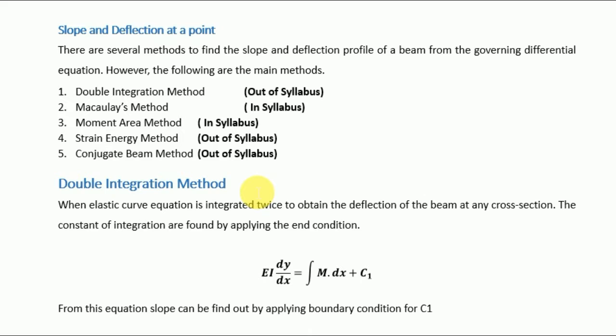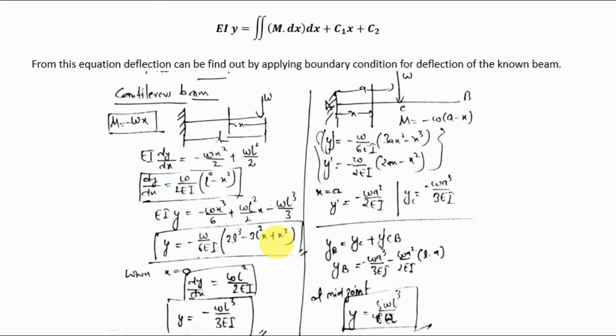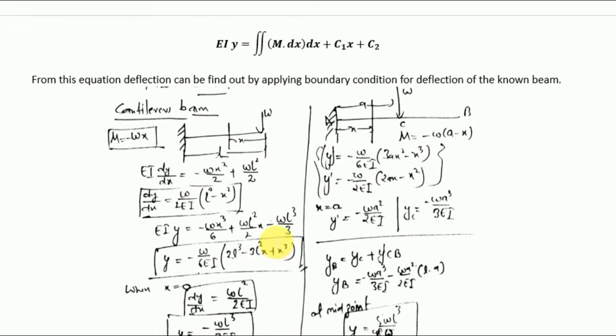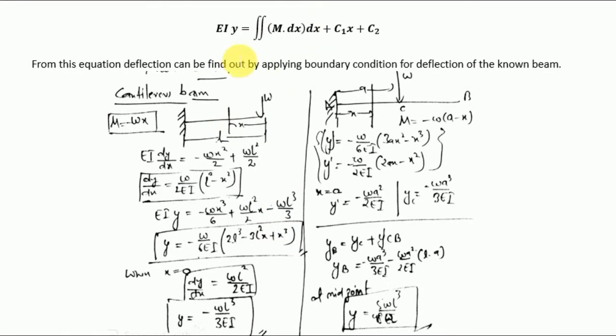Further, I discussed the double integration method, according to which we integrate the generalized equation two times, and then applying boundary conditions gives us the generalized equation, which is EIy equals double integration of M dx dx plus C1 x plus C2.